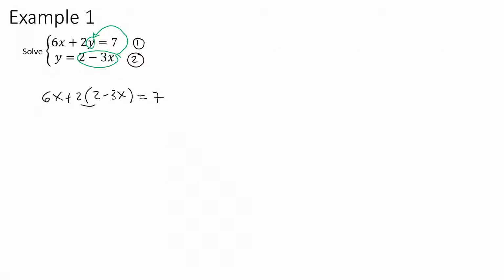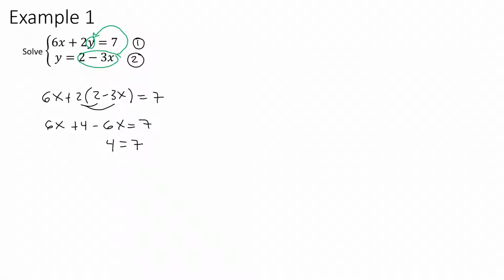Let's solve for x by distributing that 2. Combining like terms, the x's go away. And something interesting happens. I was hoping that I would get x equals some number, but the x's went away.